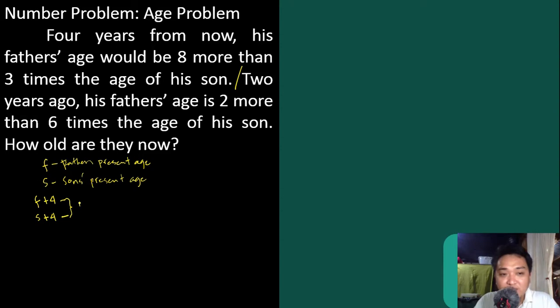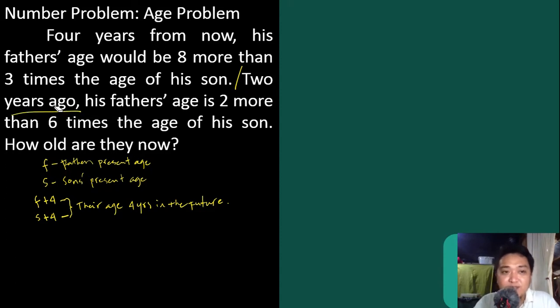This will be their age 4 years from now or 4 years in the future. Now, another catching phrase in the problem is 2 years ago.